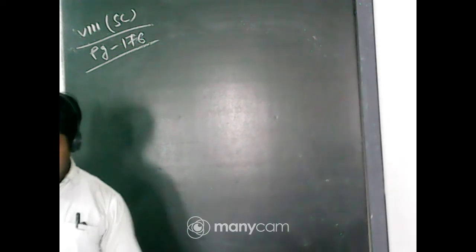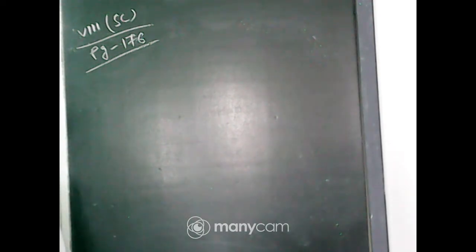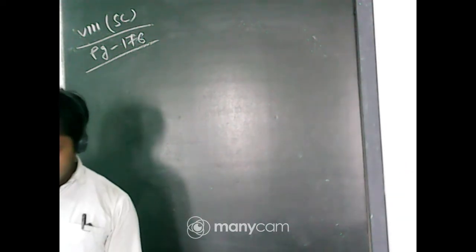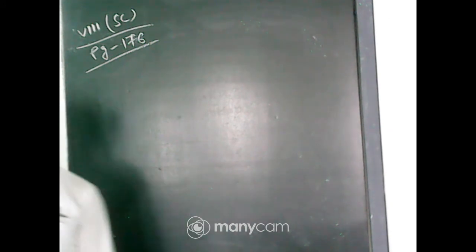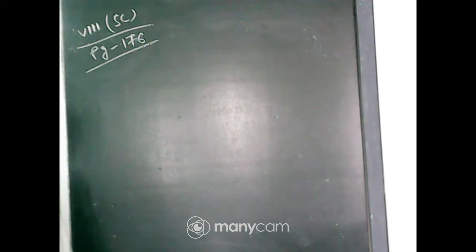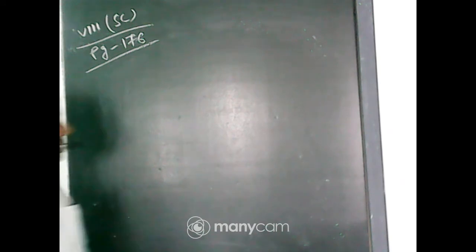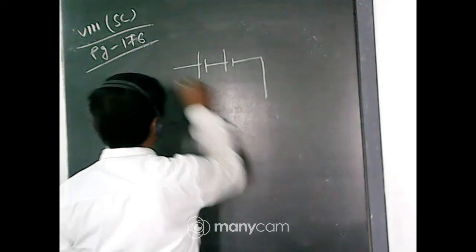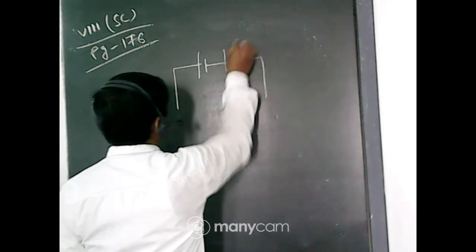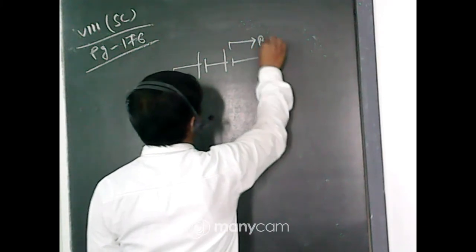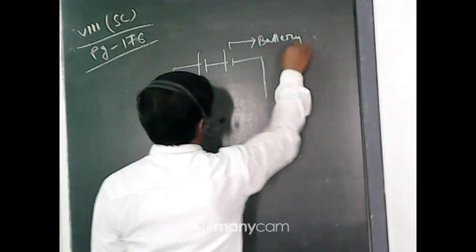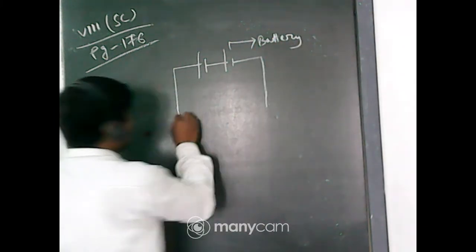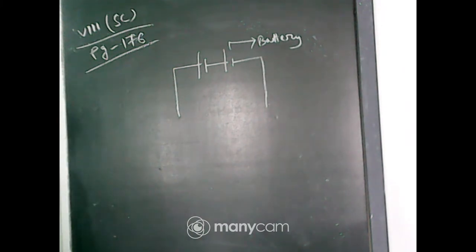Now, there is an experiment shown, and this picture is a picture of electrolysis. These are the batteries. The battery is the source of electric energy.